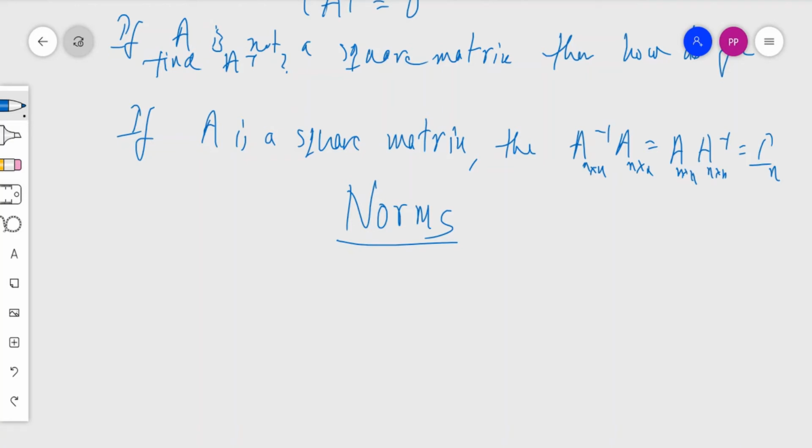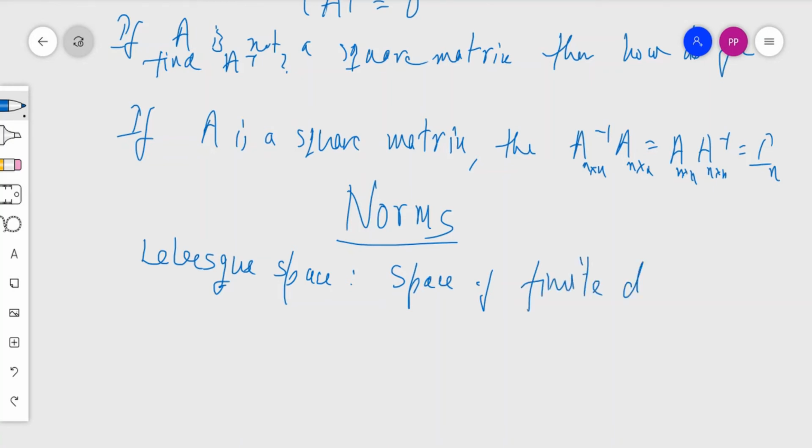So let me write the space as Lebesgue space. This is a space of finite dimensional real numbers.